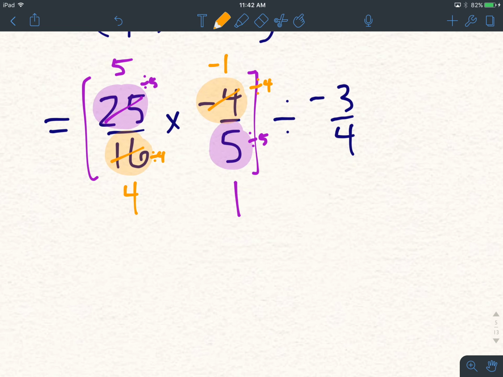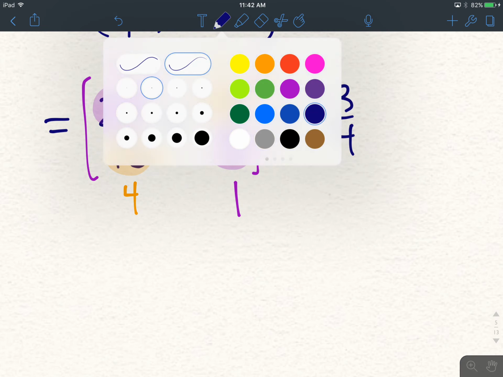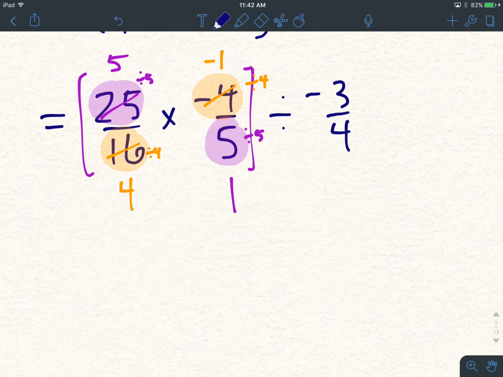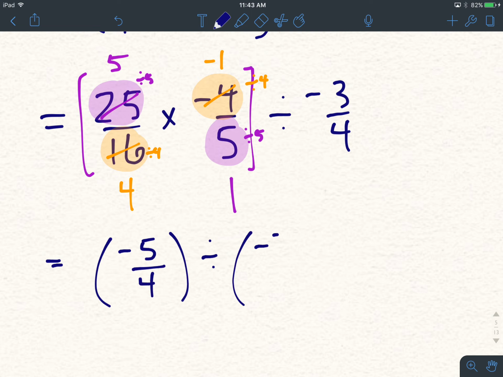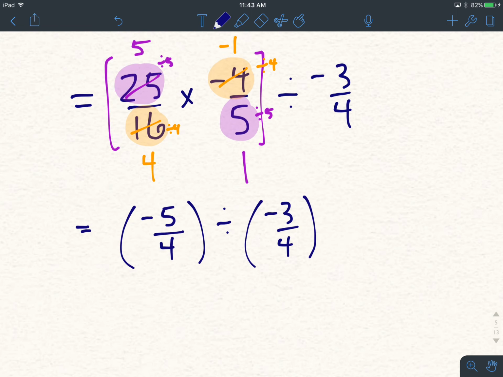Now I'm actually going to do the multiplication. As I said in the last lesson, it's numerator times numerator, denominator times denominator. So our numerator is 5 times -1, which is -5, and our denominator is 4 times 1, which is 4. And now we've got divided by -3 over 4. So what we have now is a fraction divided by a fraction.